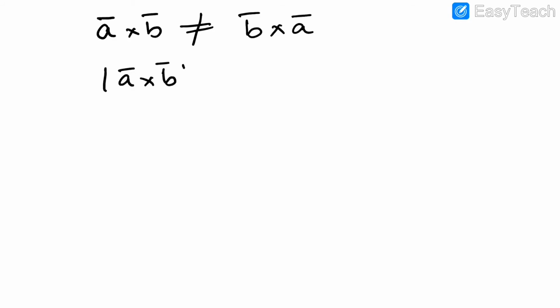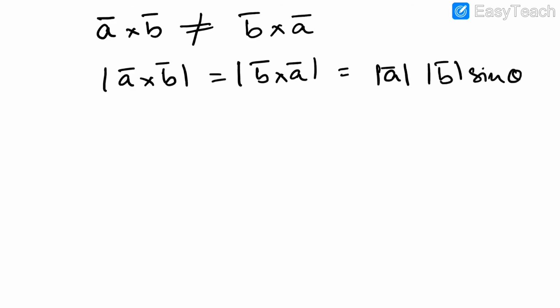And if we are writing A vector cross B vector, that is not the same as B cross A. Why? Because the modulus is the same. Modulus will be the same: mod A, mod B, sine theta.